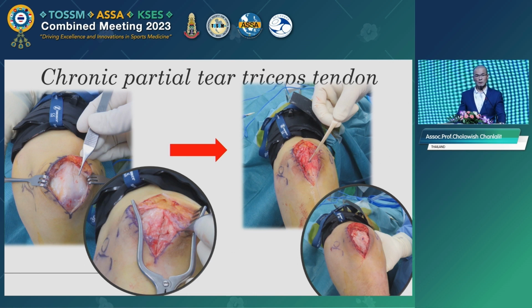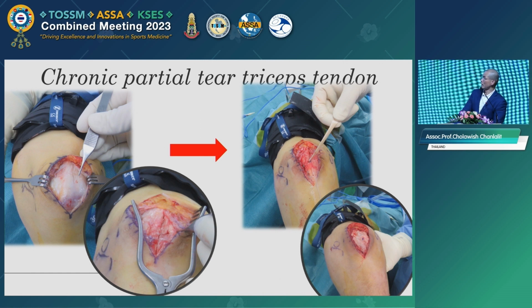When we worked him up, we found that he had a chronic partial tear of the triceps. In this plain film, in the picture, you can see that the tendon is not intact, it has an incomplete rupture at the triceps insertion.